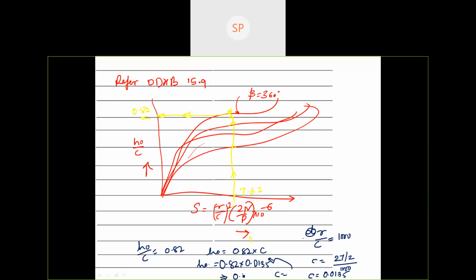Good, 0.011. In terms of mm, the minimum oil film thickness required is 0.011 mm.